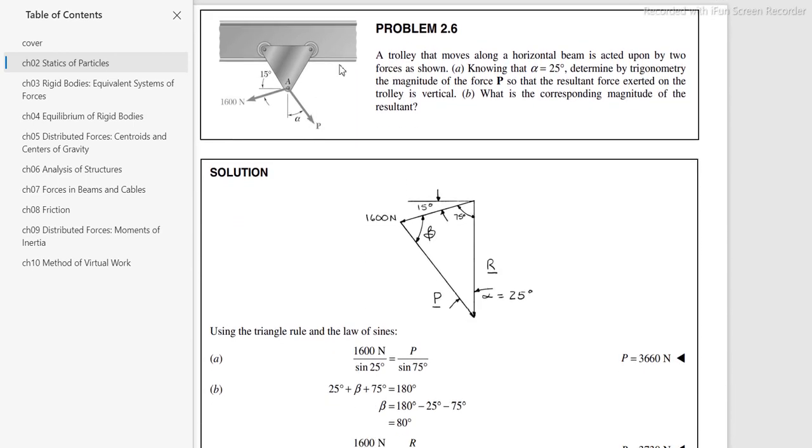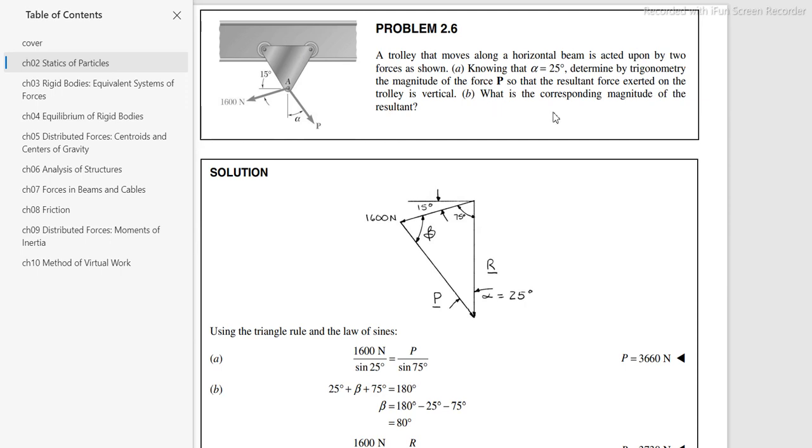Problem 2.6. A trolley that moves along a horizontal beam is acted upon by two forces as shown. Knowing that alpha equals 25 degrees, determine by trigonometry the magnitude of the force P so that the resultant force exerted on the trolley is vertical.